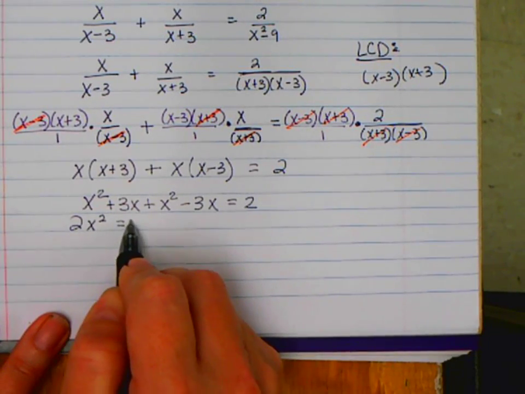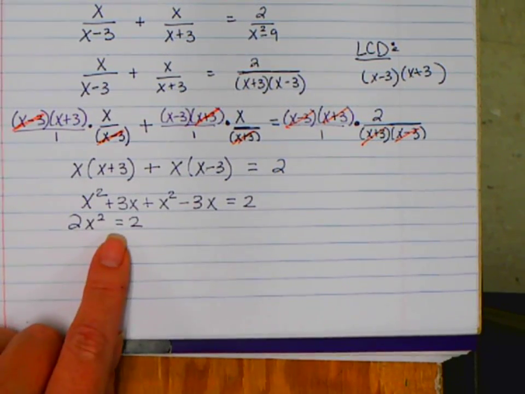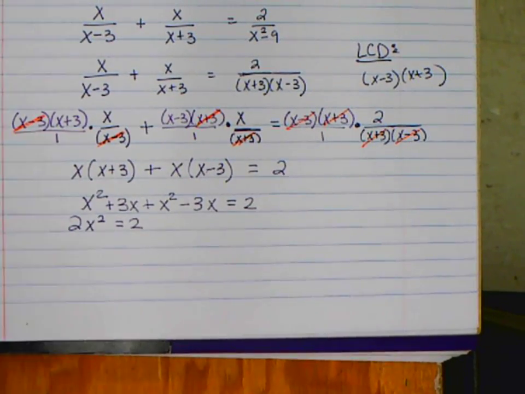And that equals 2. Now, if I'm solving for 0 in this problem, is it going to be necessary to subtract the 2 from both sides? Or can I just solve for x like it is? Because that's what I'm trying to do, right? I'm not trying to factor, I'm trying to solve. So normally, if my linear terms didn't cancel out, I would bring that 2 over and then see if I could factor it.